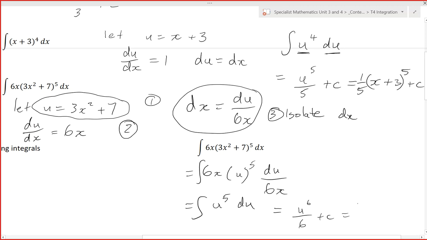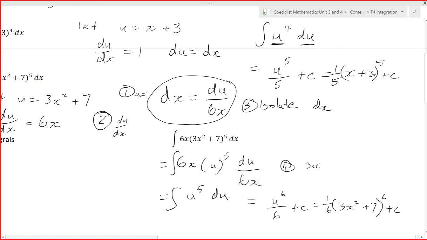And don't forget to sub in what u is equal to at the end. Sub in and then solve in terms of x. And don't forget the plus c.